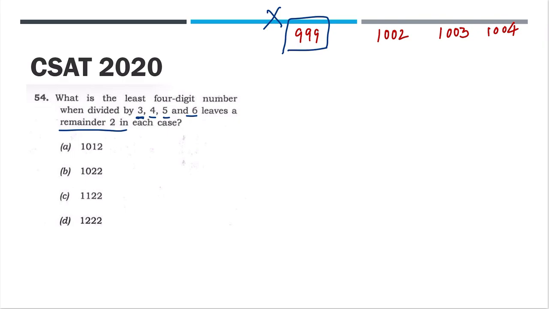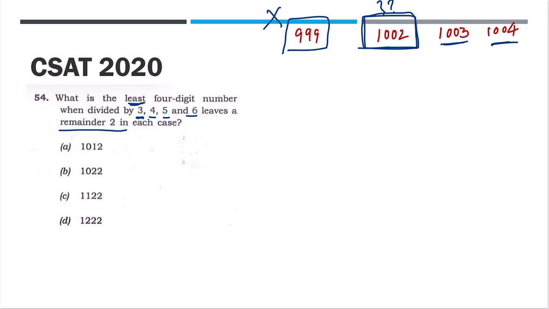See, they have told you 4-digit number, all are 4-digit number, but least. So if I have to take a guess of all these numbers, I am going to go with the least of these numbers, which is also a 4-digit number. So I will say this could be the answer. If this is not the answer, 1003 I will check next. Then only I will go for 1004, because I have to check the least and also 4-digit number.